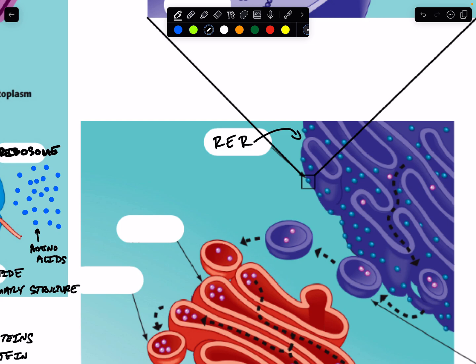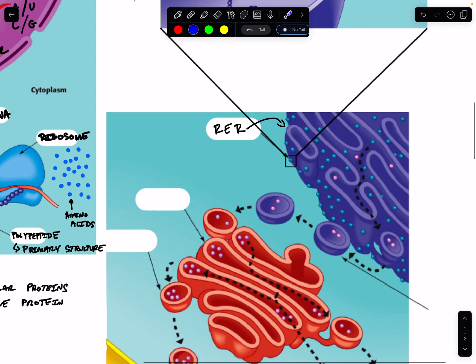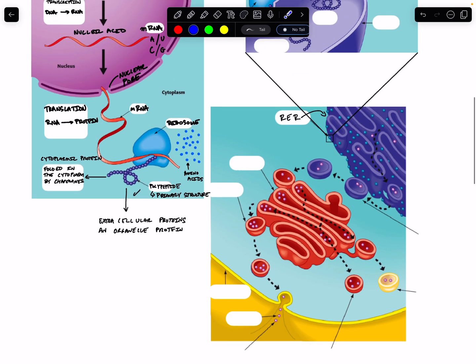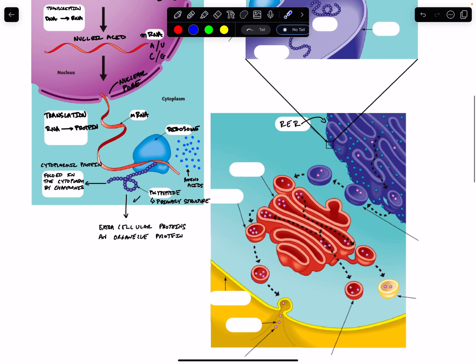Okay, so the RER, remember, is called the rough endoplasmic reticulum because it is studded with ribosomes on the outside that are synthesizing proteins. So just to get you a little bit oriented, here is our same ribosome, here is our rough endoplasmic reticulum, this is a Golgi body, and then here finally is the plasma membrane, or the outside of the cell.